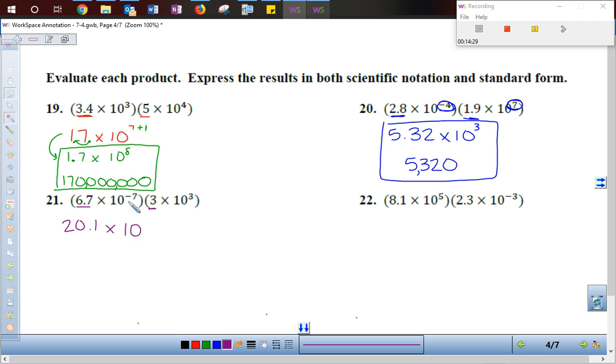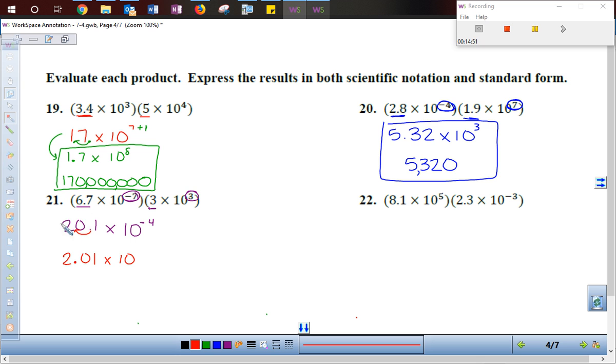Now I need to bring down my times 10 and add the exponents. So negative 7 plus 3 gives me a negative 4. But this guy is not between 1 and 10. This is larger than 10, so I need to move that decimal place 1 to the left, and I'm going to get 2.01.